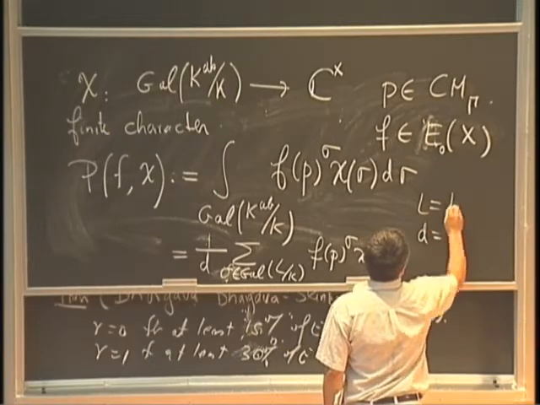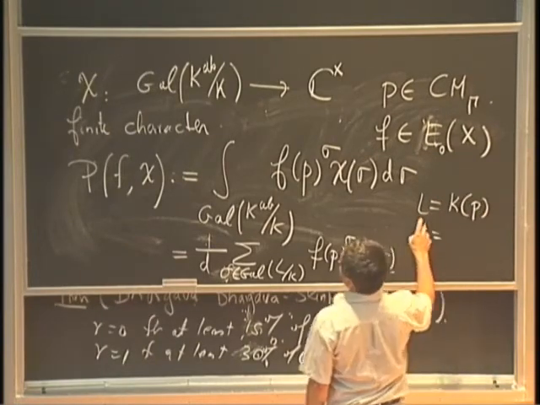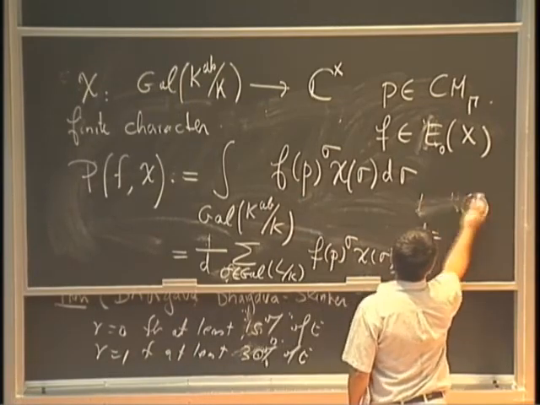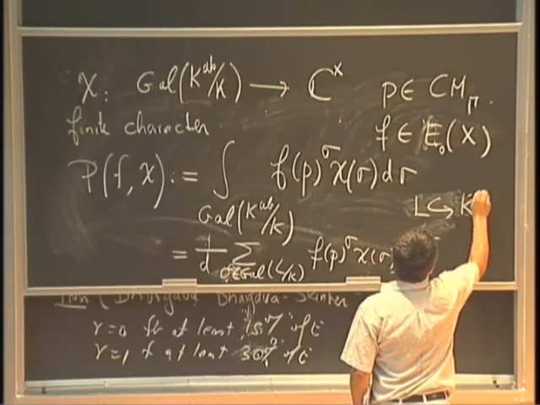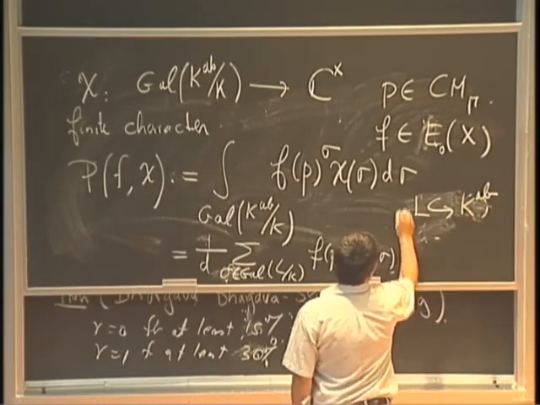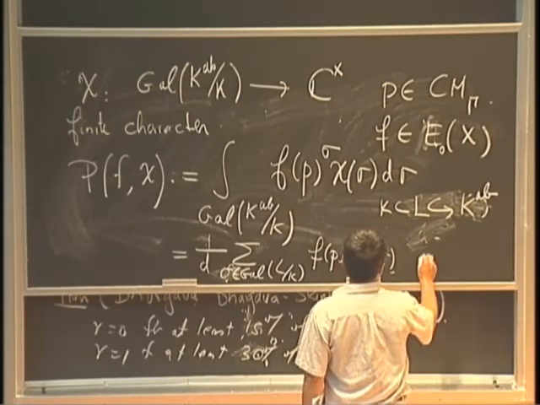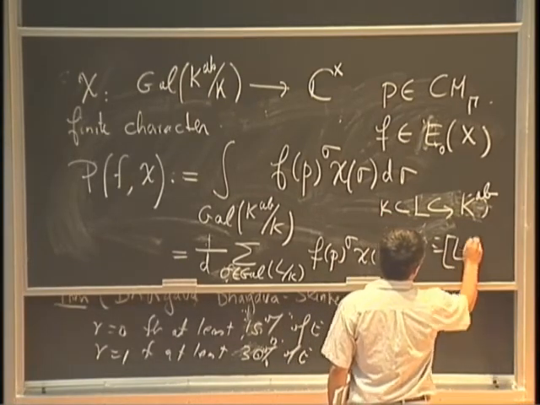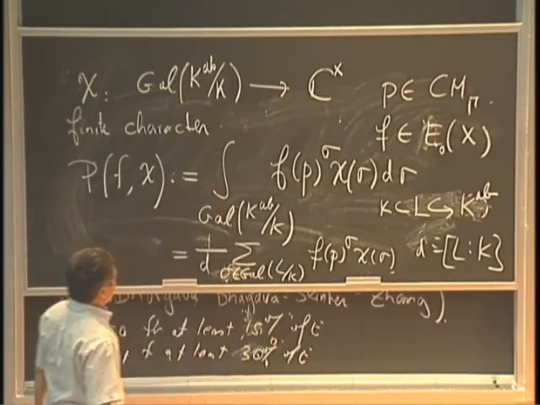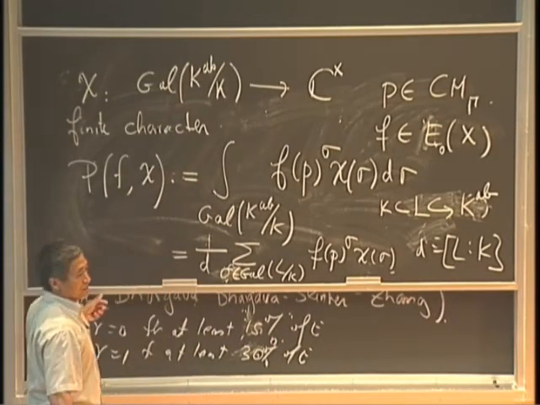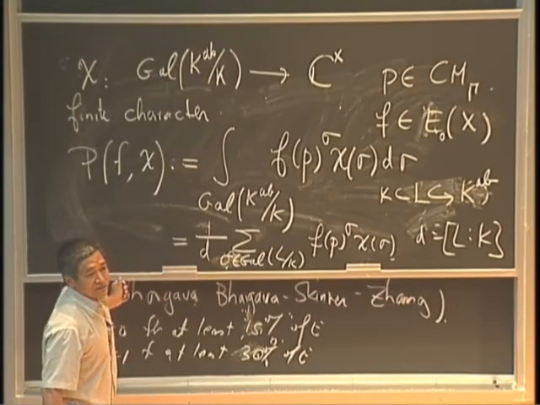L will be K joined with P, D probably a bit more than that, doesn't matter. So L is some number field inside K^ab. It's Galois, and D is the degree of L over K. I write in this very fancy integration because I want to make a comparison with the lecture I'm giving tomorrow, but in fact it's really a finite sum. It's not that scary.